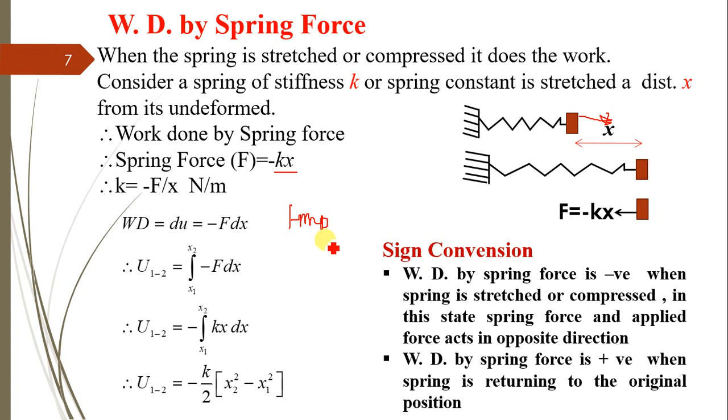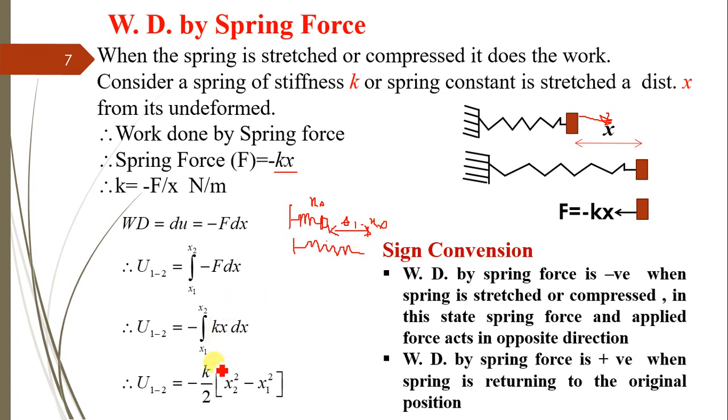First it gets stretched, like here. So this will be the initial deformation when it gets stretched: this length is x0, this total length is x1. So this will be x1 minus x0.